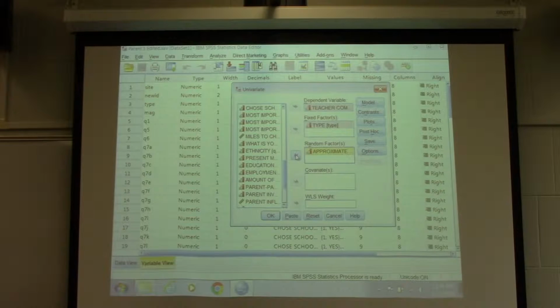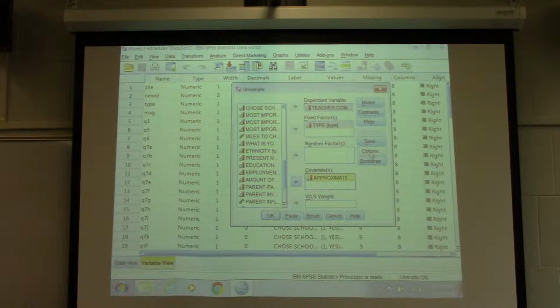The next thing that I'm going to do is one box down to covariate, controlling for parent income. Is there a difference in teacher communication with parents between magnet and non-magnet schools, controlling for parent income level?